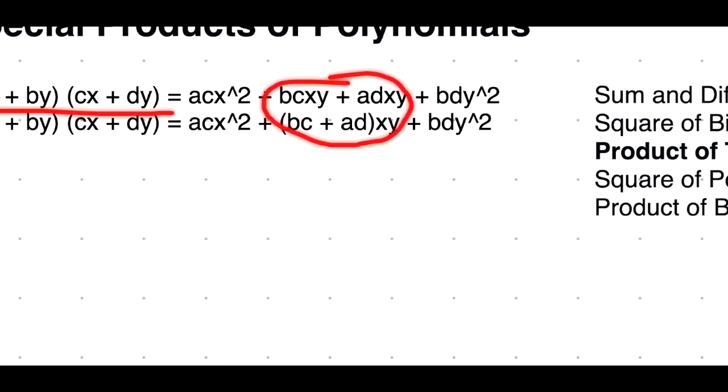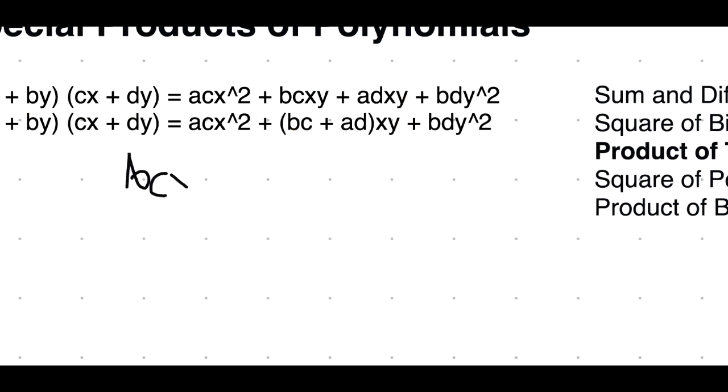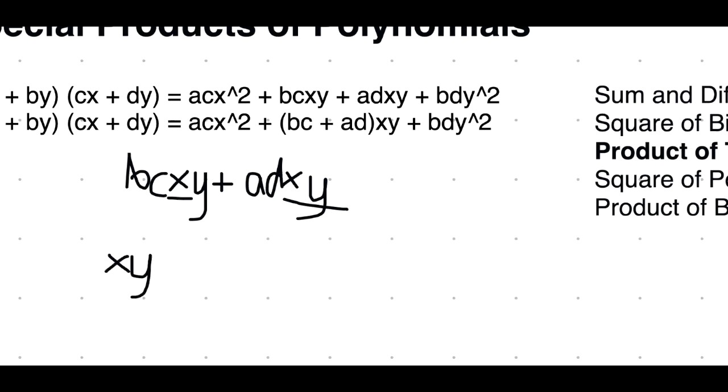So bcxy plus adxy. Okay, so we have xy here and xy here. And when we factor those out, we get xy, because it's shared by both of the terms. xy is found in both of the terms.